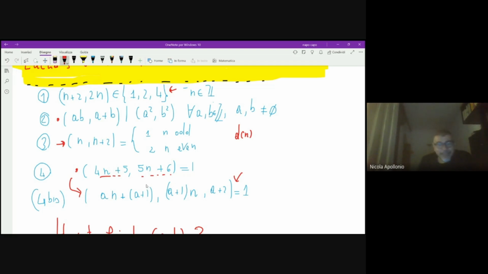Pick a special linear combination. For instance, the linear combination 5 times this, plus 5, minus 4.